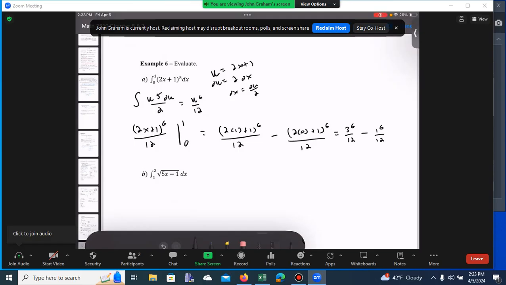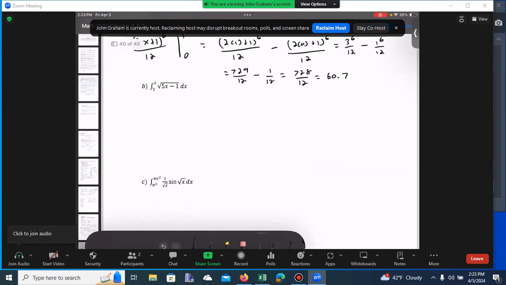So let's do 3 to the 6th first. 1 to the 6th is just 1. So 3 to the 6th is 729 over 12, minus 1 over 12, which is 728 over 12. That's 60.7, sorry.